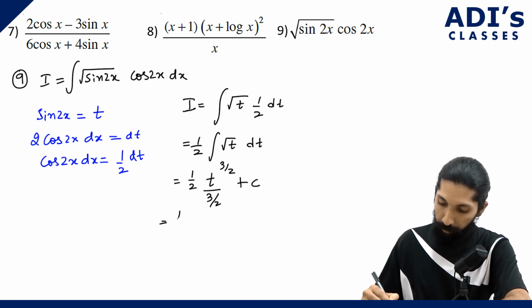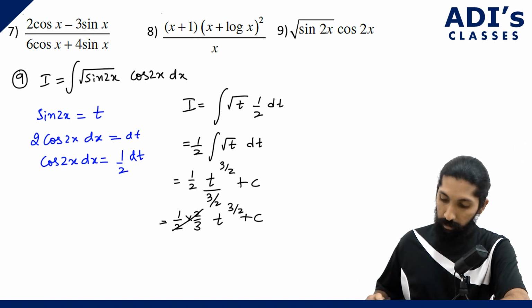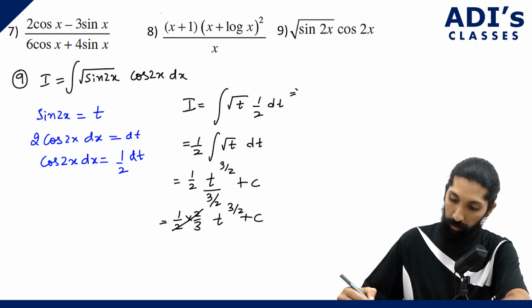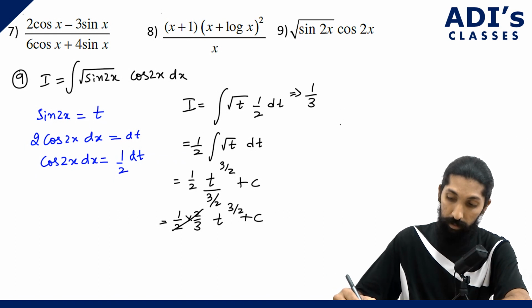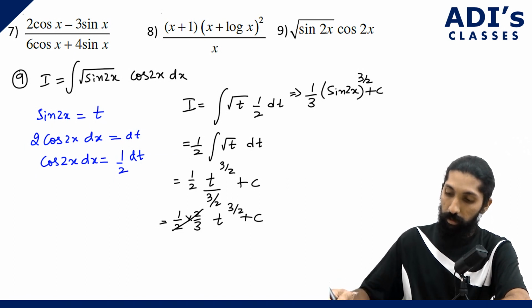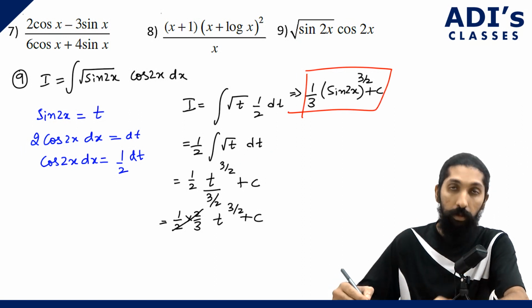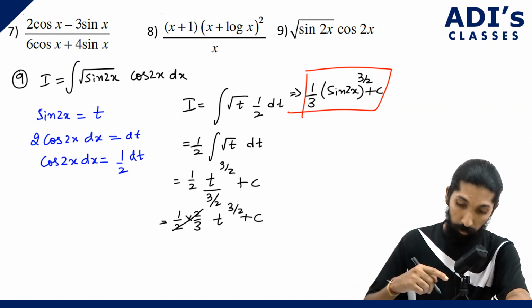So half into 2 by 3 into t to the power of 3 by 2 plus c. Cancel off the 2 and 2. So you will get 1 by 3 into what is t? Sine 2x. (sine 2x) to the power of 3 by 2 plus c. So final answer is going to be this. That's all. Very simple. Very direct substitution. You will get the answer. Well and good. Let's do the 10th one now.